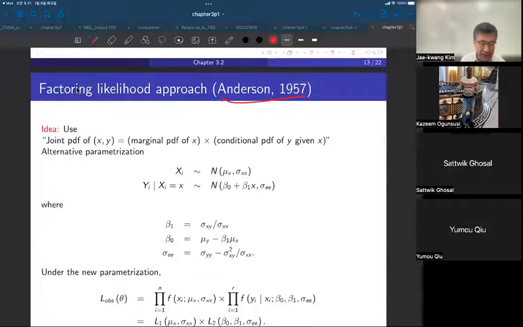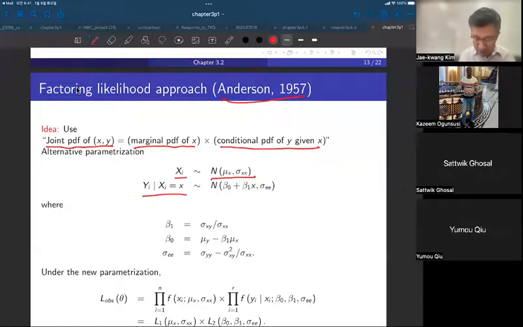The idea is very simple, very clever. The joint PDF of X and Y is the marginal PDF of X times the conditional PDF of Y given X. Because this is normal, the marginal and conditional are very easy to derive. In the marginal, you have mu x and sigma xx, and in the conditional, you have beta 0, beta 1, x, and sigma EE. So you basically have a reparameterization.